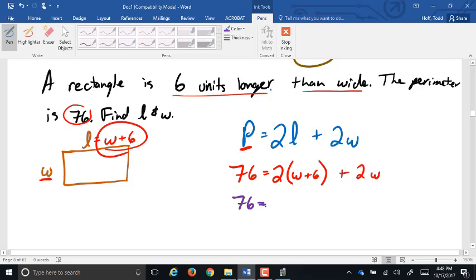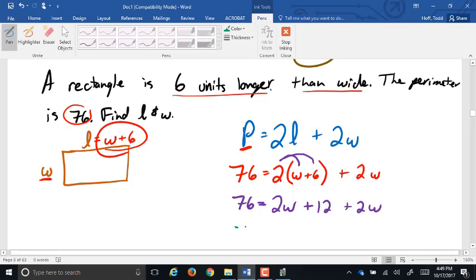We see parentheses there, so that means there's something we need to do there first, which is multiply by the 2. 2 times W is 2W. 2 times 6 is 12. Then we still got the plus 2W here.